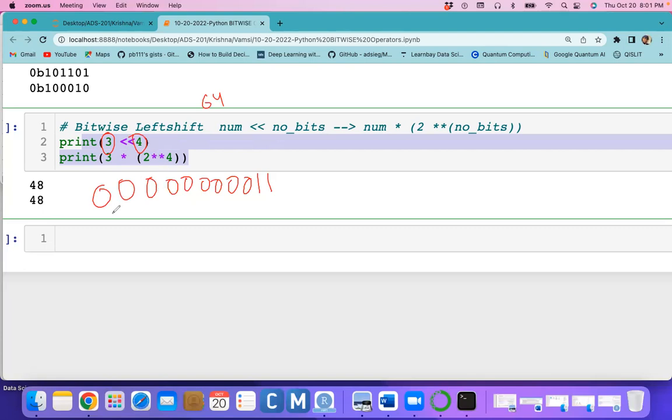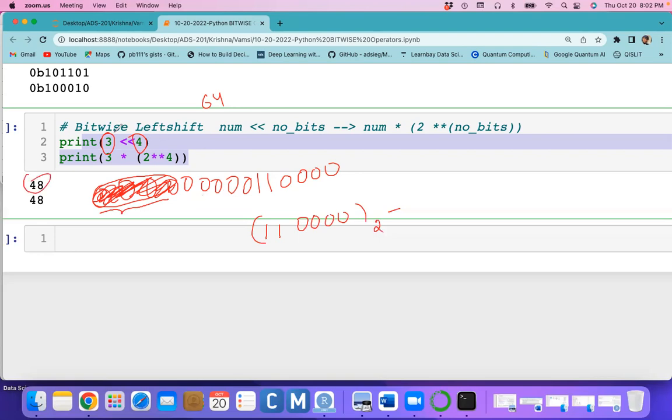That means the bits at the left side are removed, the first 4 bits are removed, and however many bits you removed, that many zeros you add at the right side. Now convert 110000 into decimal, and you will get 48. This is the actual procedure.